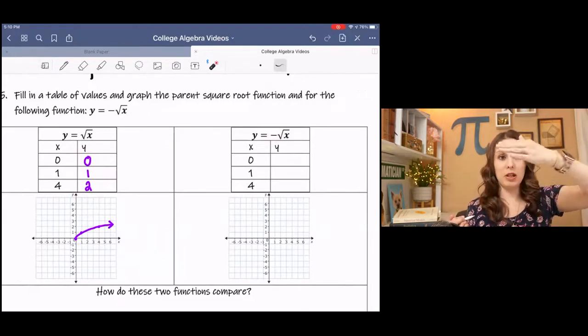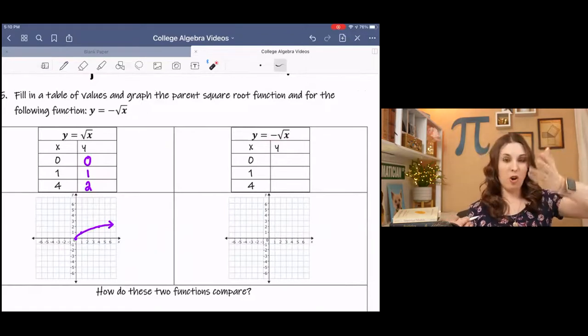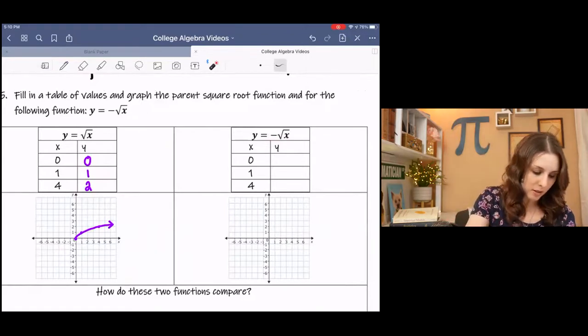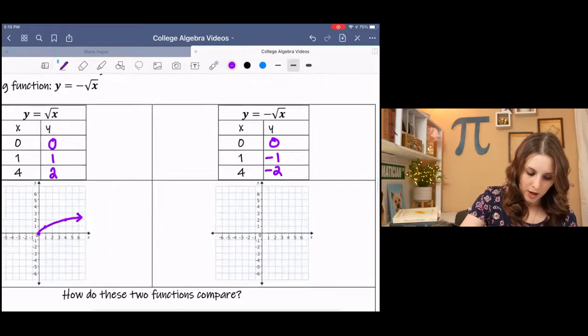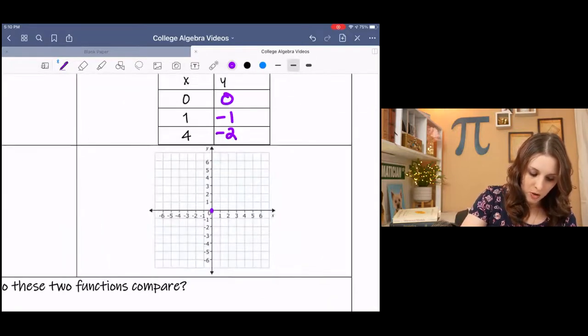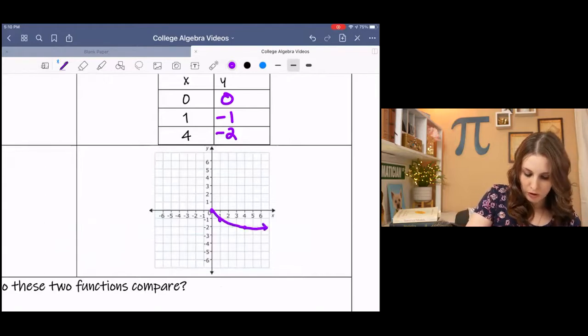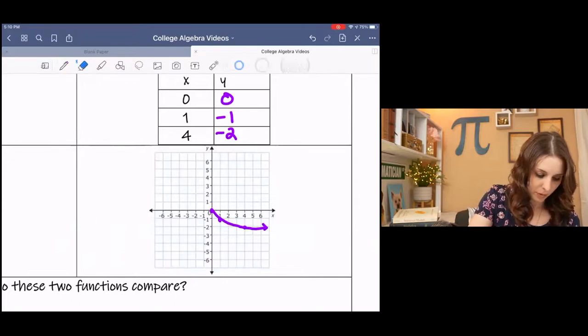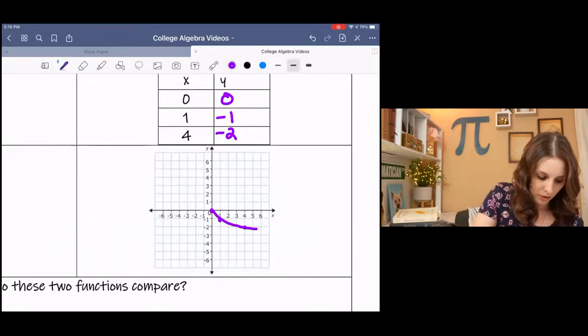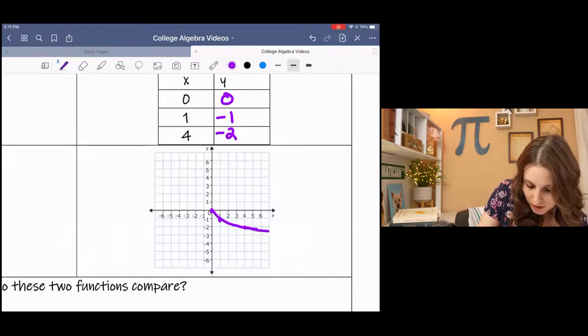So we're going to be looking at a reflection kind of over the x-axis. So negative 0 is just 0, negative 1, negative 2. And this will look like 0, 0, 1, negative 1, 4, negative 2. And our little curve, well, I messed up at the end. Needs to keep going down that way.